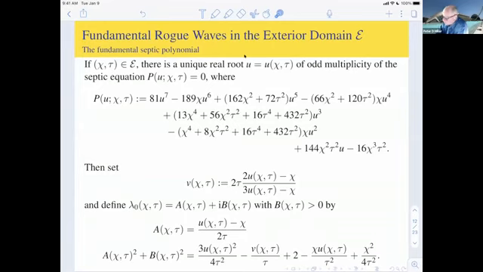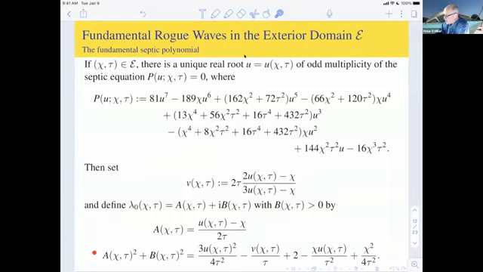From u, we define a function v, also depending on chi and tau parametrically in this way. Then in terms of u and v, we define a capital A explicitly here and a capital B by taking a positive square root in this equation down here.